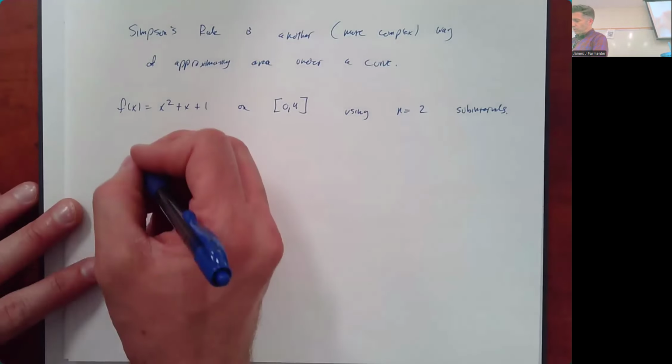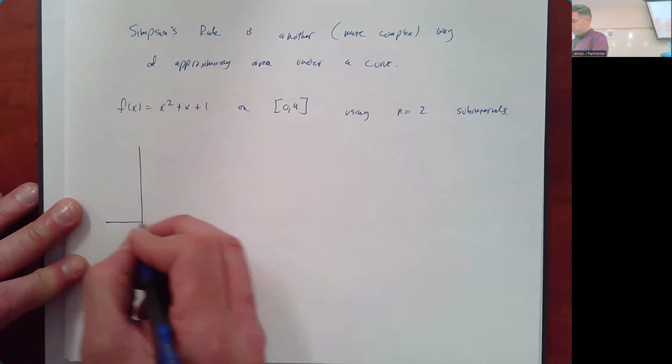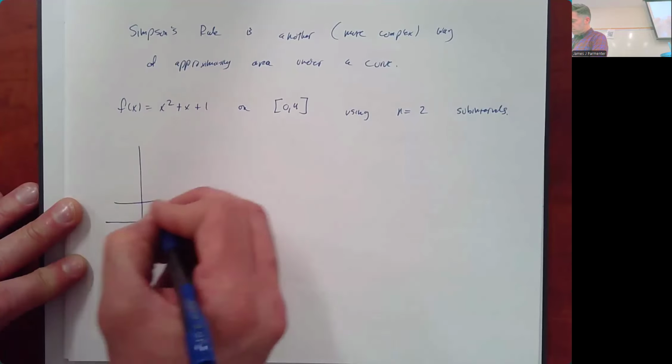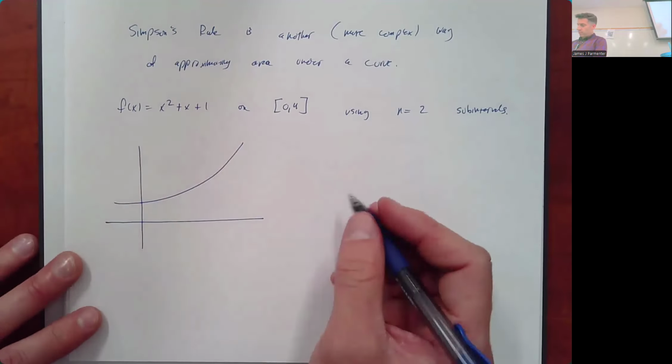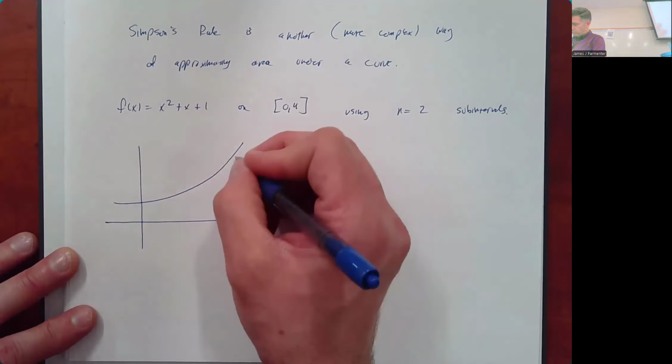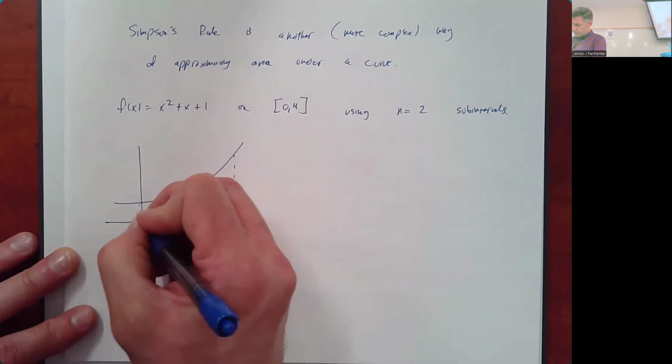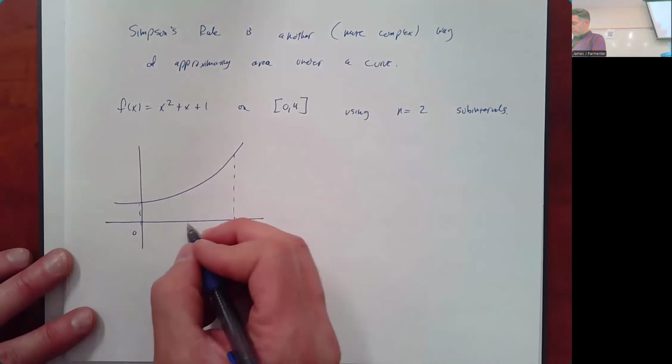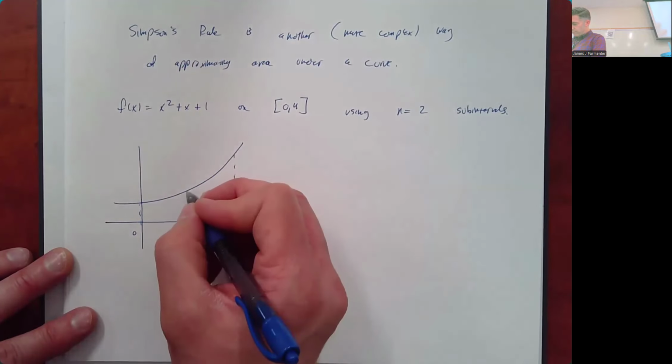Here's what this looks like, from 0 to 4. I'm breaking it up into 2 subintervals, so each subinterval is going to have a width of 2.